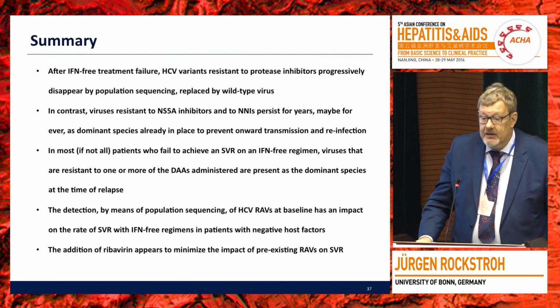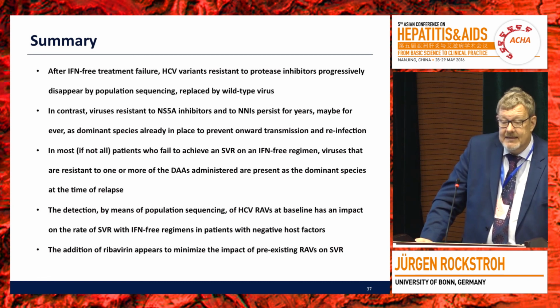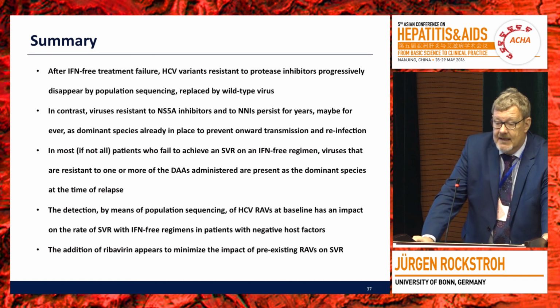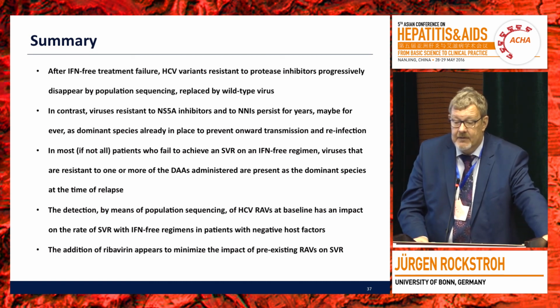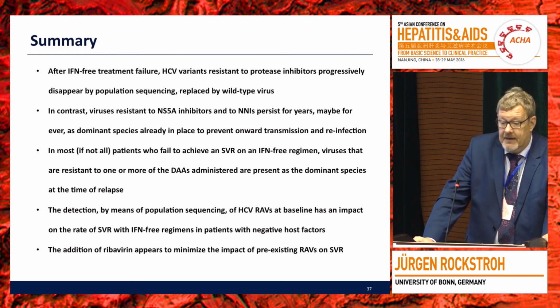So in summary, ladies and gentlemen, after interferon-free treatment failure, hepatitis C variants resistant to protease inhibitors progressively disappear by population sequencing and are replaced by wild-type virus. In contrast, viruses resistant to NS5A inhibitors and to NNIs persist for years, maybe forever, as dominant species, already in place to prevent onward transmission and reinfection.